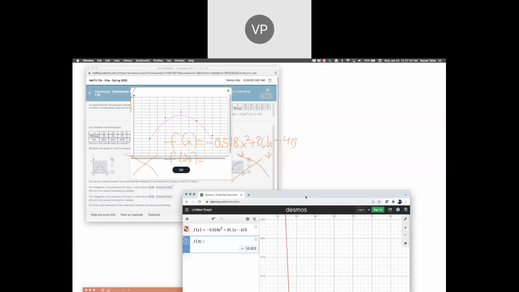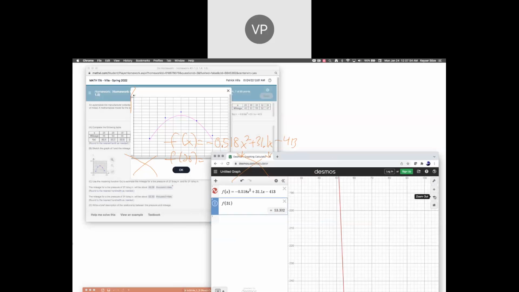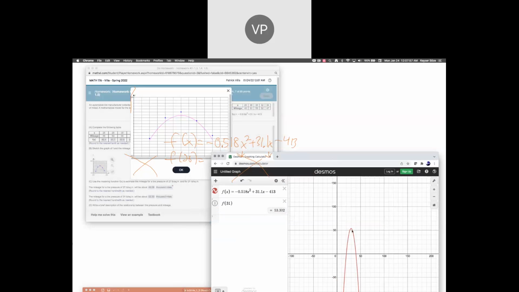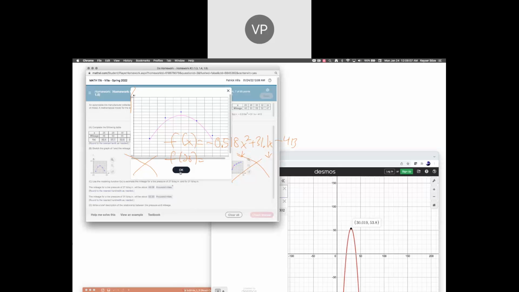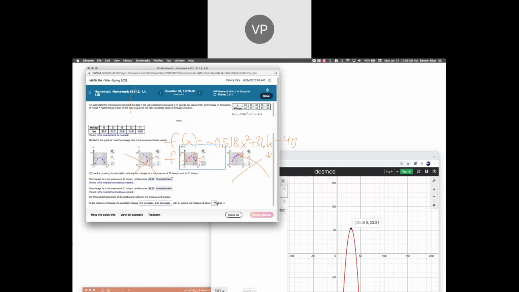I can actually look at it over here, back in the graph that I put right here. Looks like it's about 30-ish. That should be the one that they want. Yeah, multiple choice, so we got that one, and there it is.